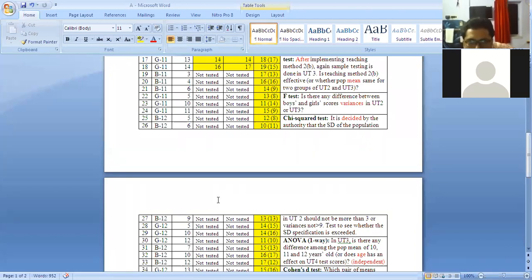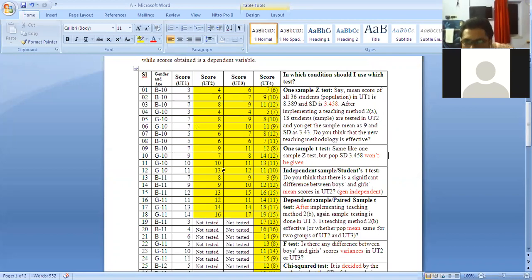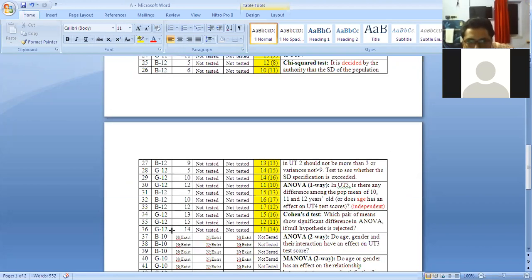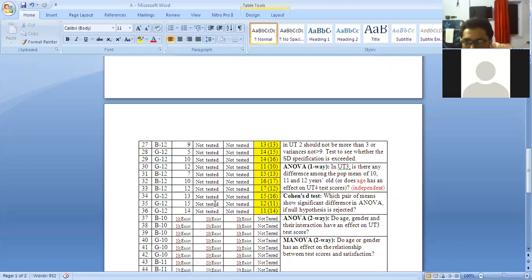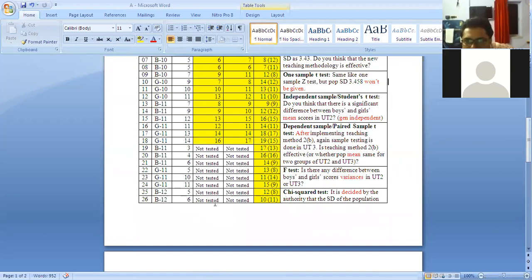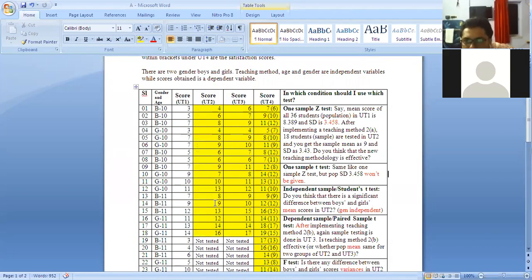Okay, so just have a look at this unit test 2. Suppose the authority has decided or the specification is given by the authority that all the 36 students who have registered for the course, okay, that standard deviation must not be greater than 3.